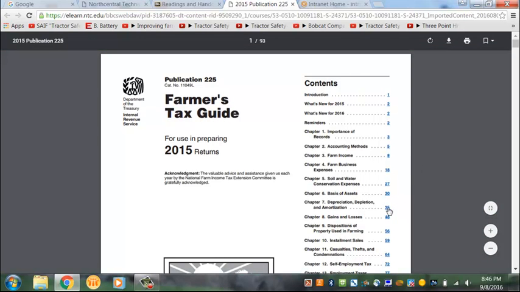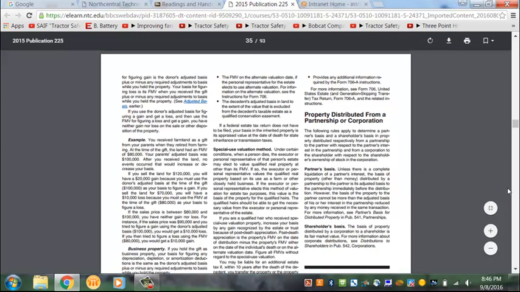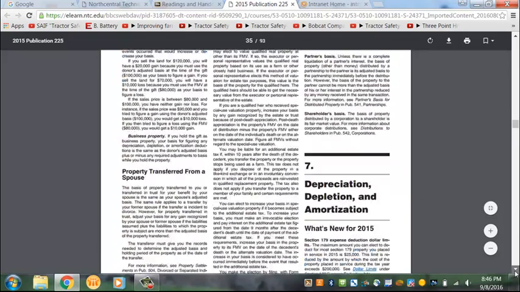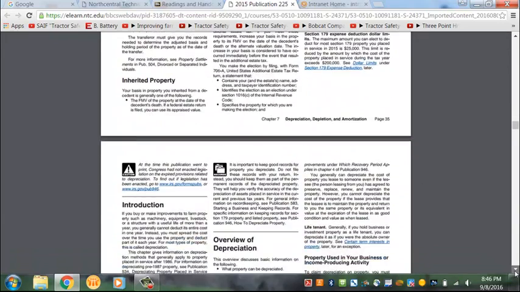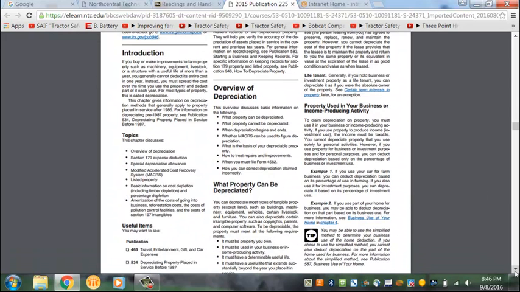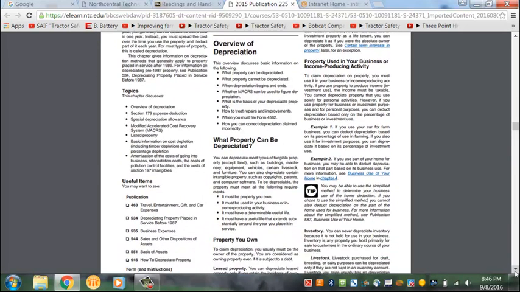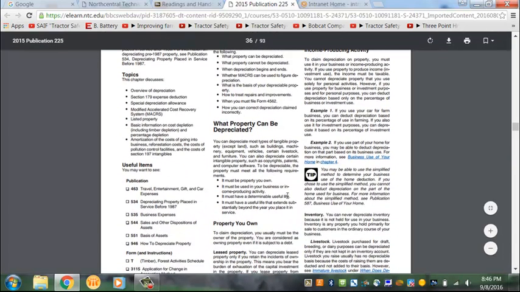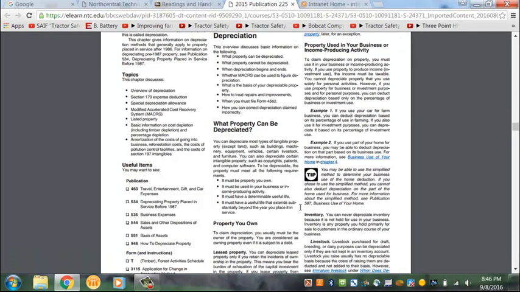When it opens, the first thing that we are going to go over is what can be depreciated. And there are a couple different rules for that. If we look in this section right here, it says that we need to own the property. We can't have it be rented or leased.